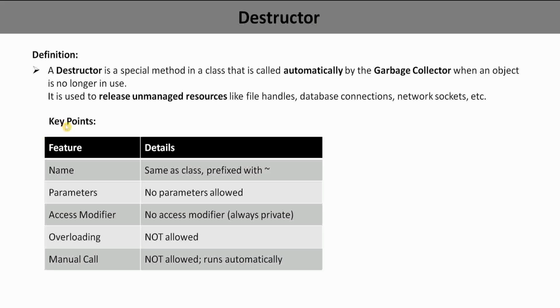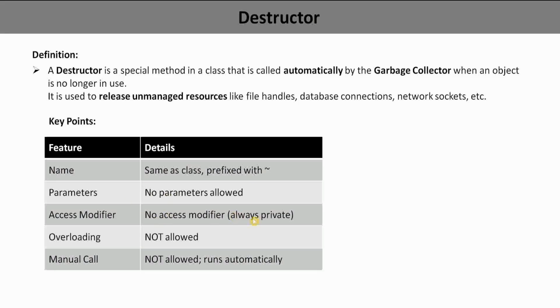So here are some key points. First is features and details. Name: same as that of the class, prefixed with the tilde symbol. So if we want to use the destructor manually, it has the same name as the class, and before that we have to prefix it with the tilde symbol. Next, no parameters are allowed, so we cannot put any parameter into a destructor.